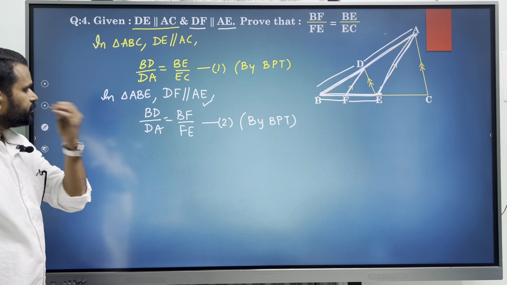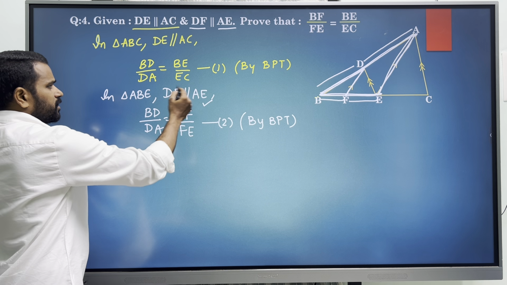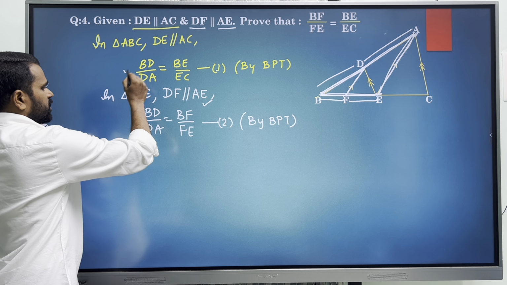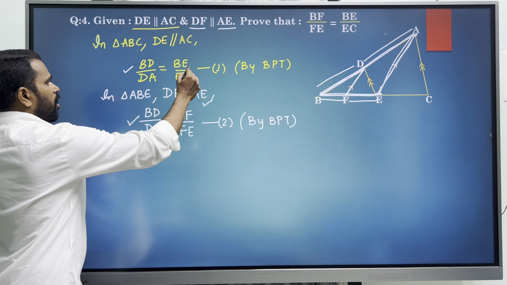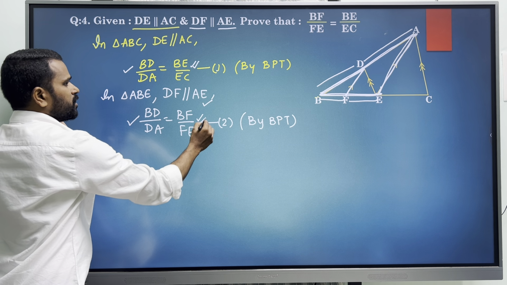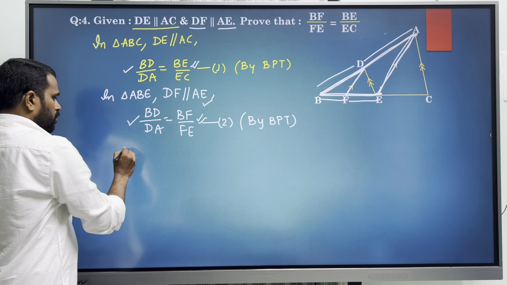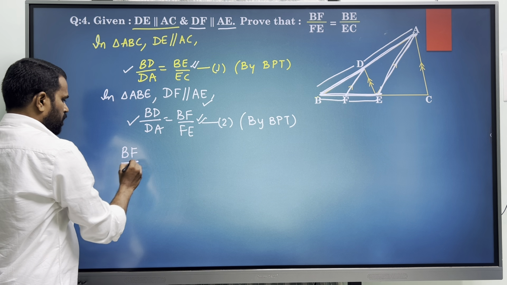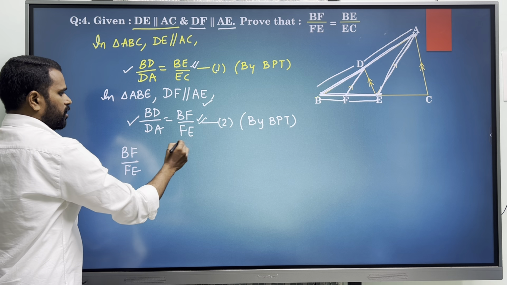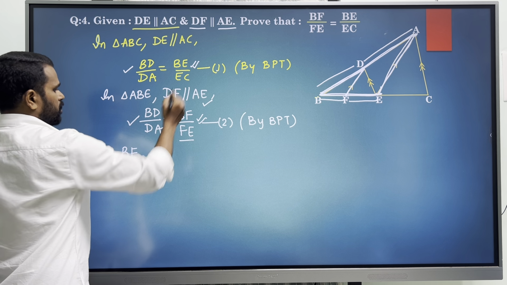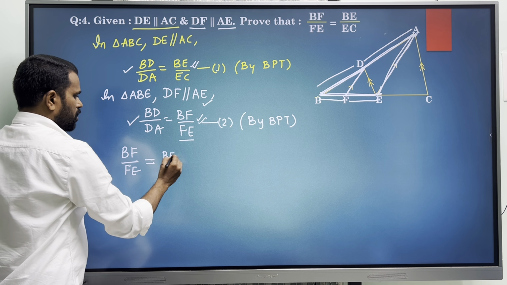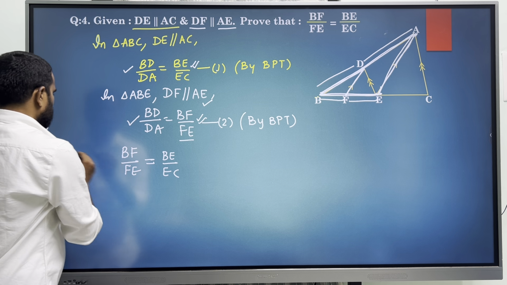Understand? Now, since from 1 and 2, LHS is the same, RHS should be the same. Therefore, BF by FE should be equal to BE by EC.